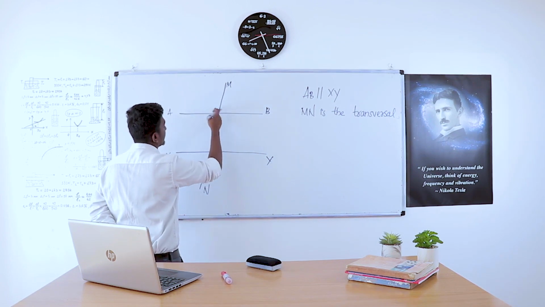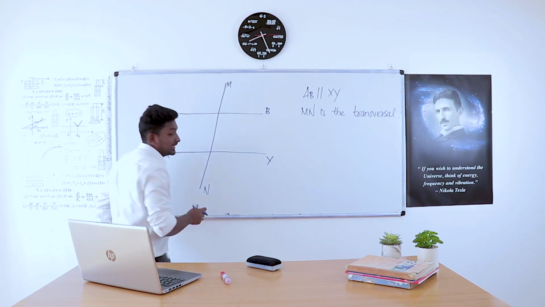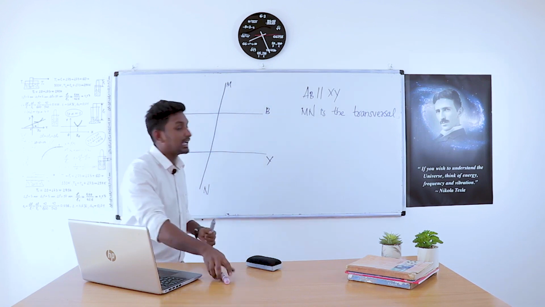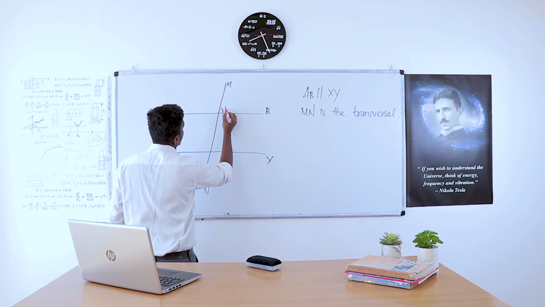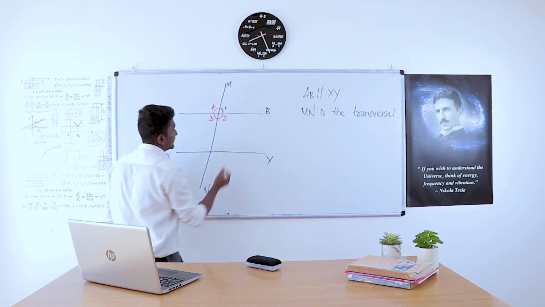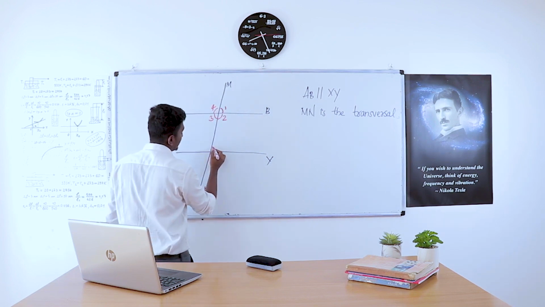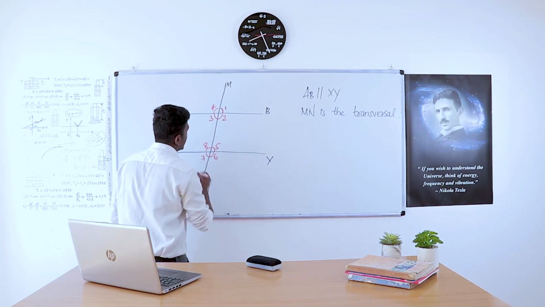Now, how many angles are formed here? 1, 2, 3, 4, 5, 6, 7, 8. Here, 8 angles are formed. I am marking these angles as 1, 2, 3, and 4, then 5, 6, 7, 8.